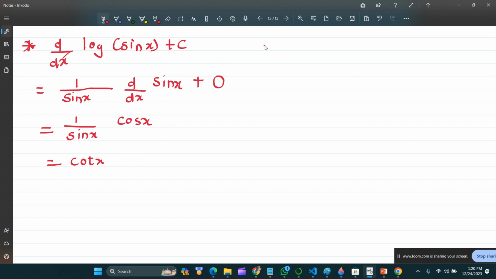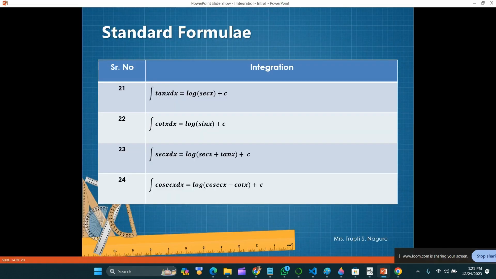Opposite to that, integration of cot x dx will be log of sin x plus c. Okay, so in this way we can find integration of cot x.